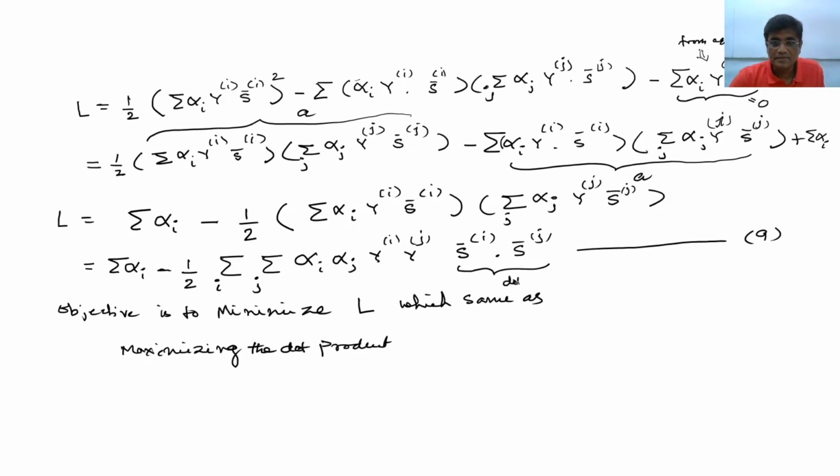So this is the dot product between support vectors.